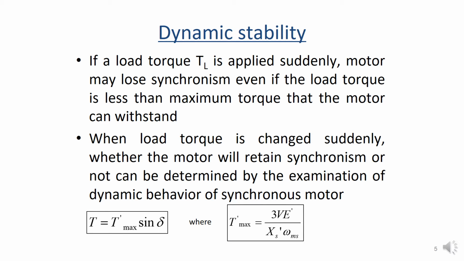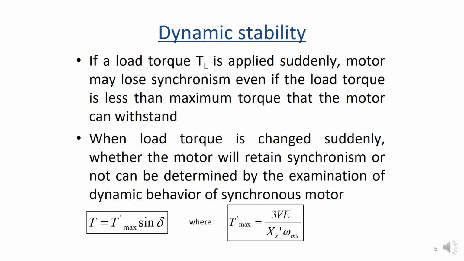Now see the dynamic stability of the motor. If a load torque TL is applied suddenly, the motor may lose synchronism even if the load torque is less than the maximum torque Tmax that the motor can withstand.